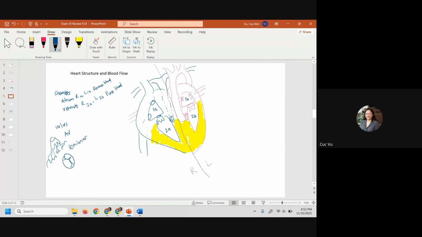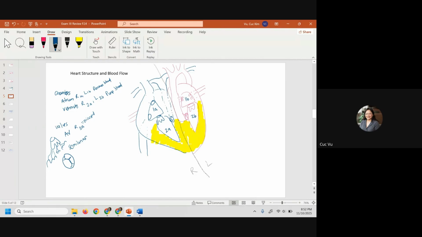Okay? So with the AV valves, the one on the right-hand side, I'm going to call that 3A. And 3A is also known as what? Tricuspid. Yes, ma'am. Because you try before you buy. Tri meaning the three of them, cuspid meaning these flaps.